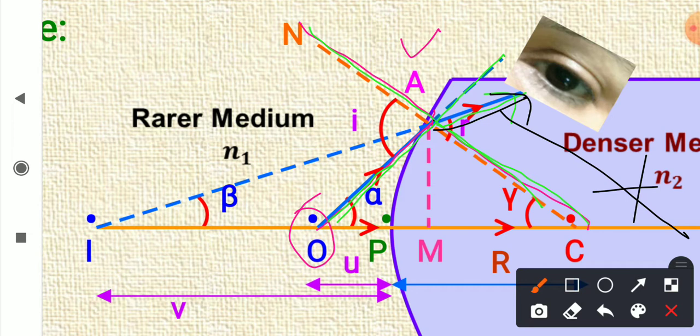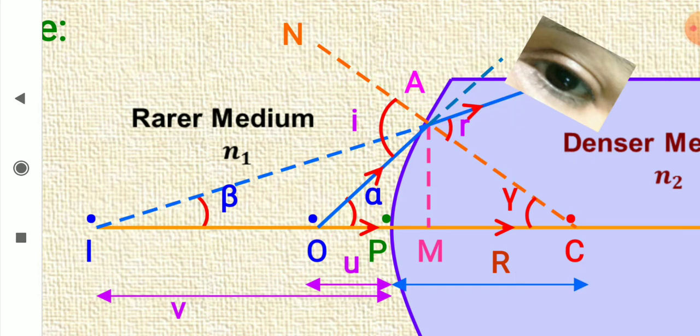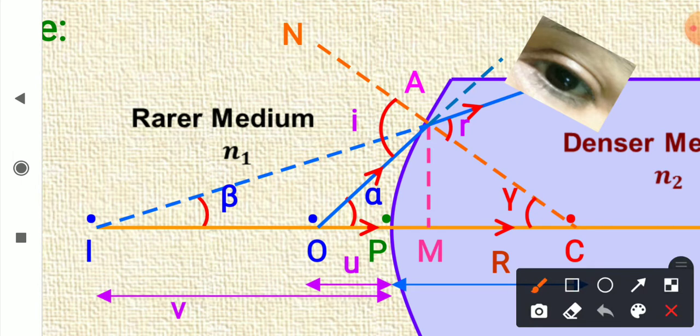So at this place, we will produce this ray in the backward direction here, and it meets the principal axis at this point. And the ray from this object, when it moves along this pole, will move straight to the center of curvature.